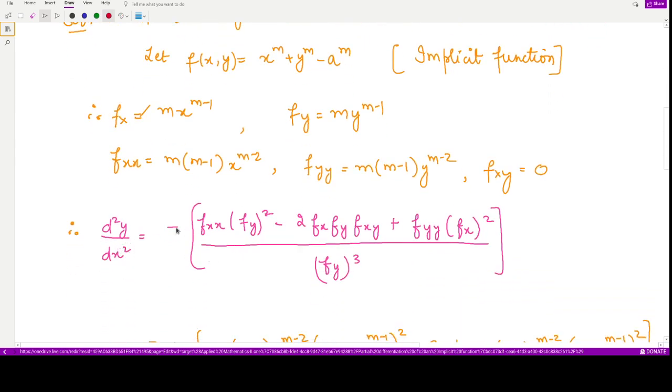Here we require the second derivatives of f with respect to x, with respect to y, and with respect to x and y, and then we also require the first derivatives with respect to x and y. So these formulas are also required. Let us first compute all these things.